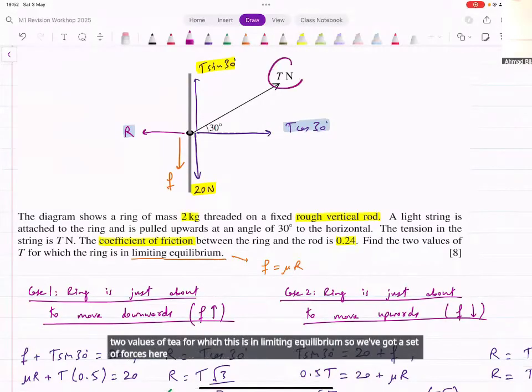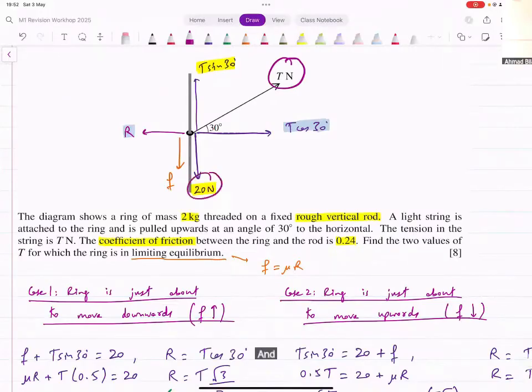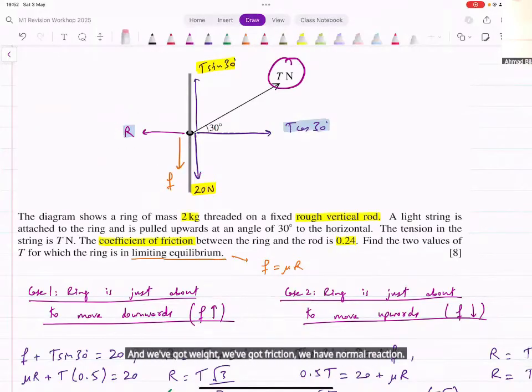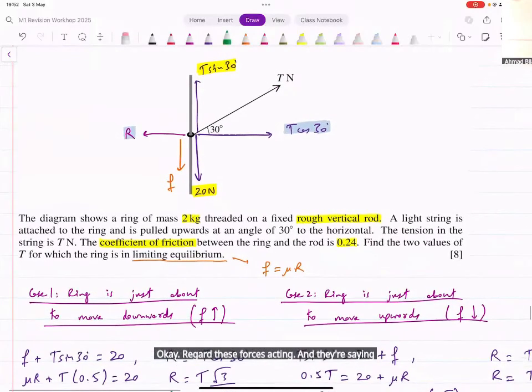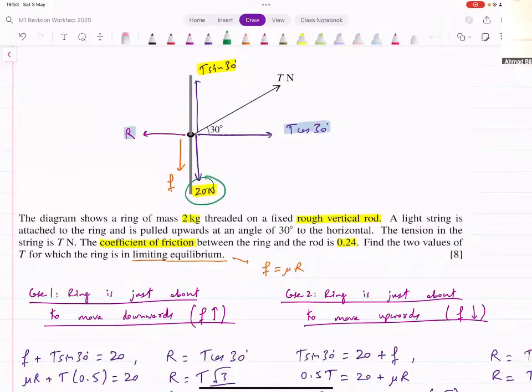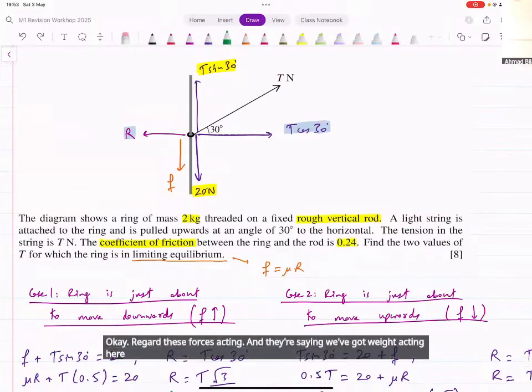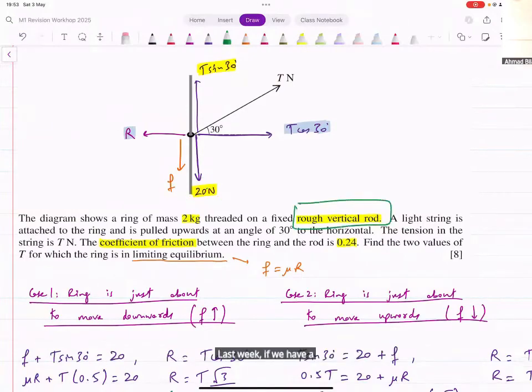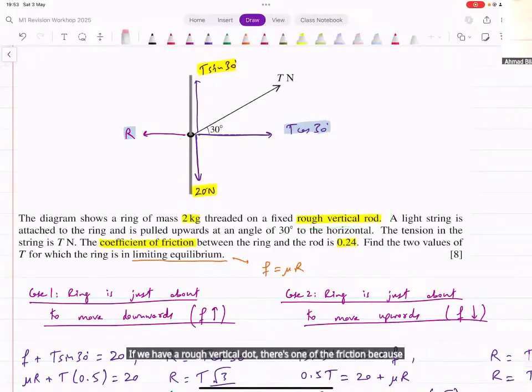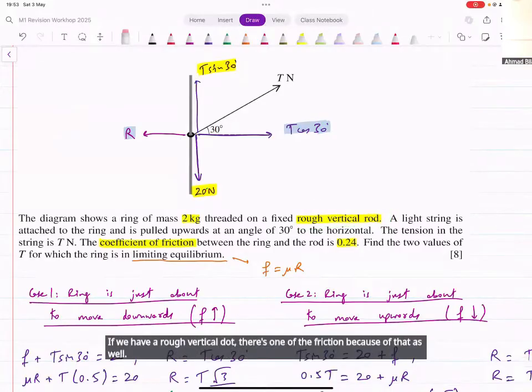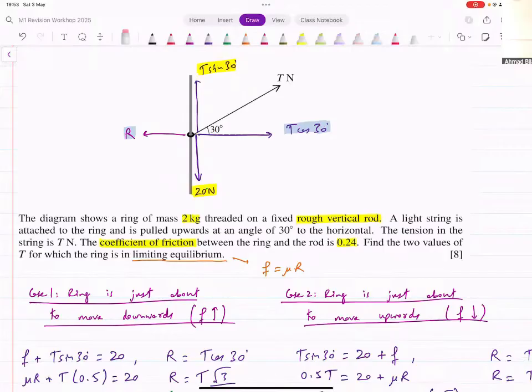We've got this force T acting here, and we've got weight, friction, and normal reaction. We've got weight acting here. That's 20 Newton. If we have a rough vertical rod, there's going to be friction because of that as well. And we have to find the two values of T for which the ring is in limiting equilibrium.